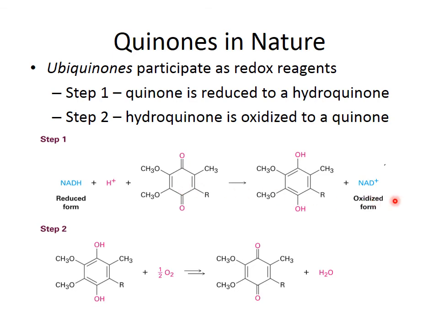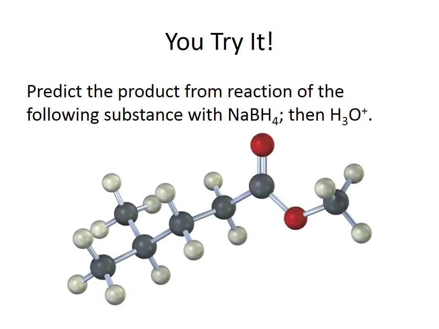NADH is oxidized by quinones down to NAD. Of course, this is a redox reaction, and whenever you have reduction, you also have oxidation occurring. Then the hydroquinone that is formed can be oxidized by oxygen back to a quinone, and so you find you have an oxidizing agent in the quinone, which is regenerated by oxygen.